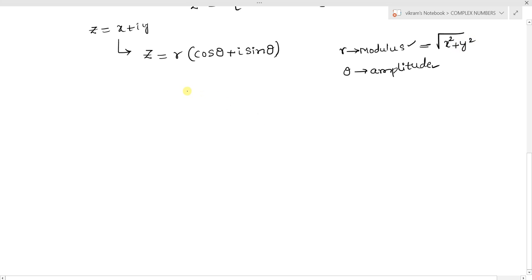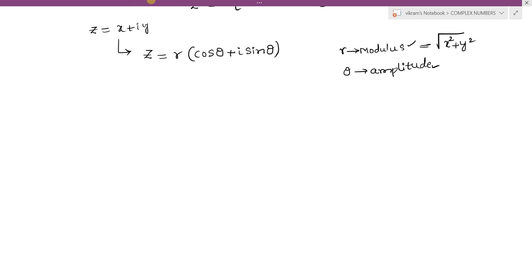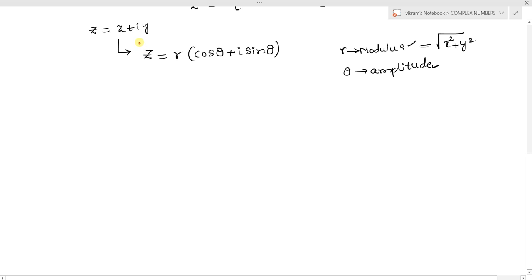The complex number in the form z equals r times cos theta plus i sin theta, where theta must belong to the principal amplitude, minus pi to plus pi.